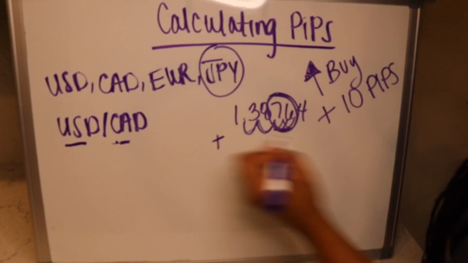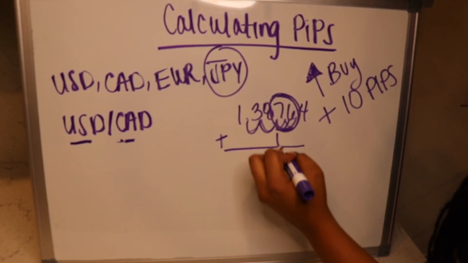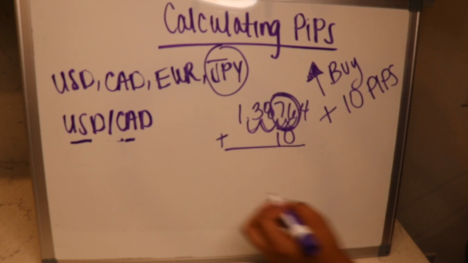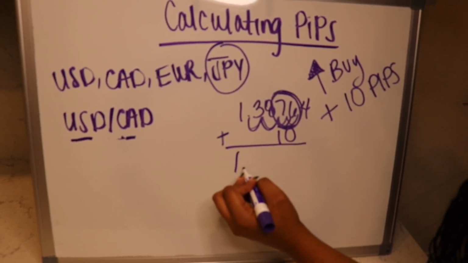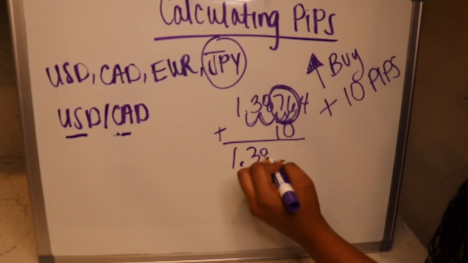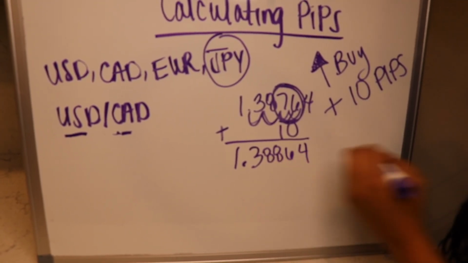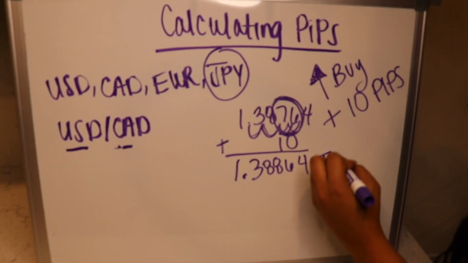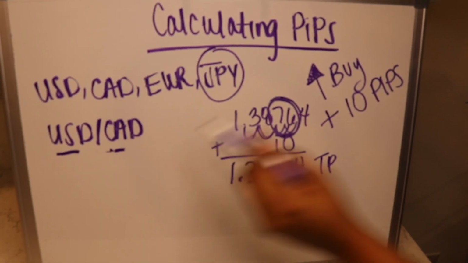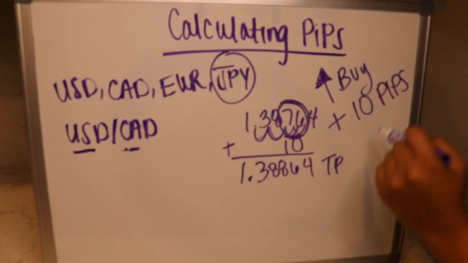So in this instance, I want 10 pips. I'm going to add that. That's 10. Now, your TP is going to be 1.3864.